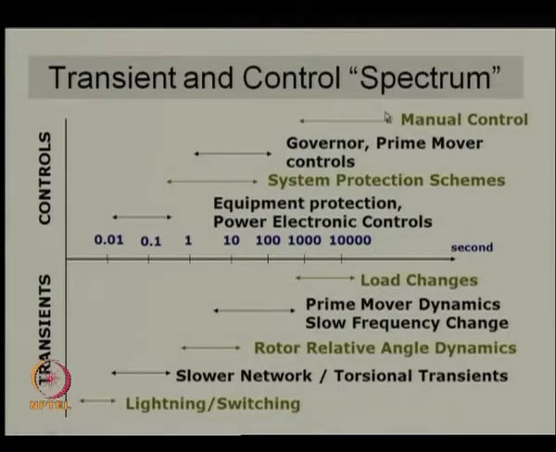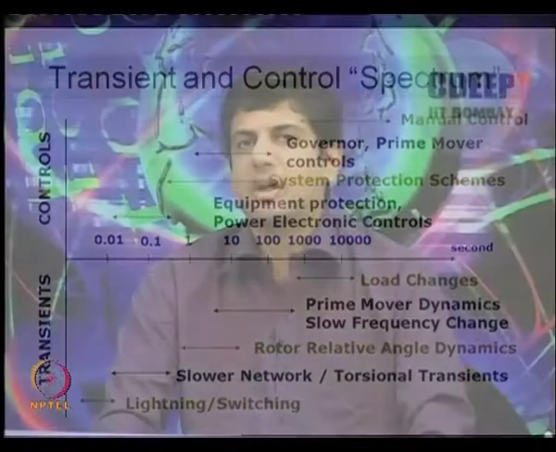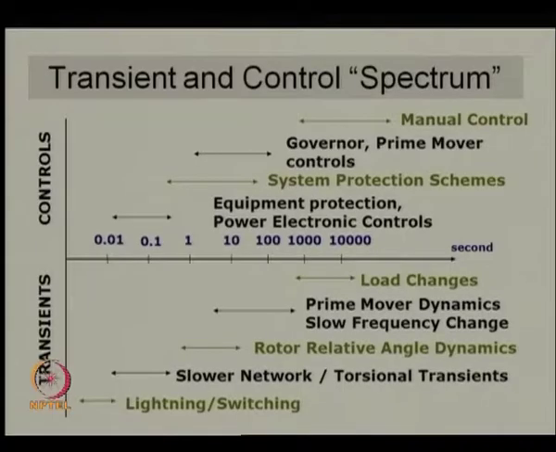You do have continuous monitoring of the system and manual control actions, but usually manual control actions are associated with changing the set points of various automatic regulators in the system, as well as, in some unusual cases, you may even want to actuate your protection systems manually. So, manual controls of course are much slower, and they can take a longer time.